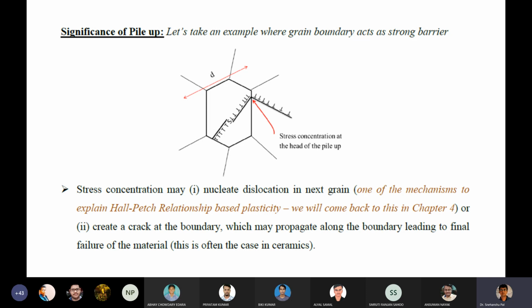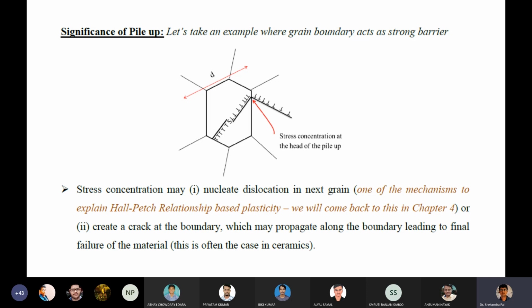How to explain that? If a lot of dislocations are present, and we know a dislocation is a line defect, a defective region will be generated. That may create a scenario where micro cracks or initiation of fracture may occur, because there is a lot of stress concentration around the pile of dislocations.